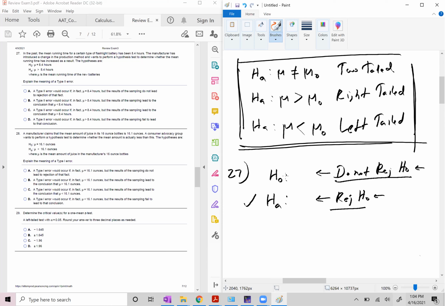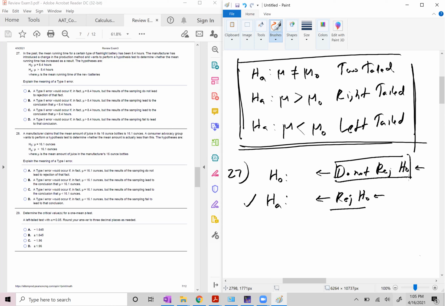This statement about the population is checked using the sample. That's how we make the decision. So now, since we use the sample, we can make errors.